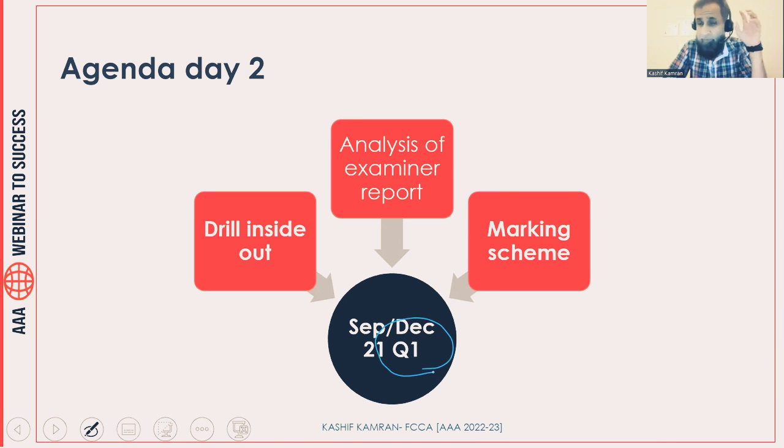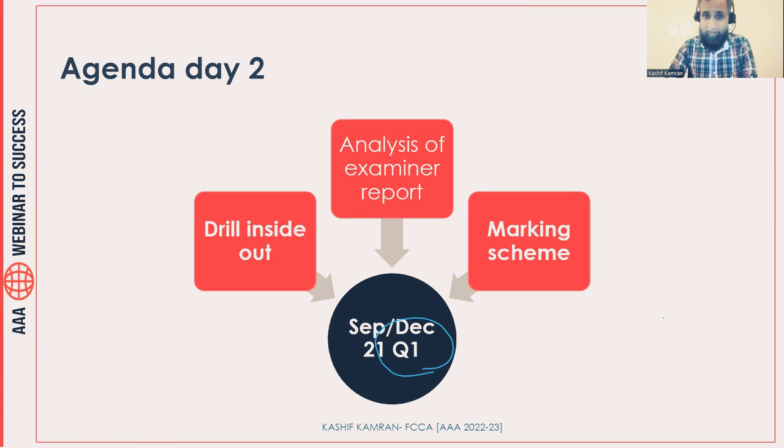We were looking at the drill on the practice platform, how to read the exhibits, how to find information from the exhibit, and where possible, we were trying to connect the examiner feedback given in the examiner report for September-December 21. We still need to look into the marking scheme, though I have given you the marking scheme for part 1A. We still need to look at the marking scheme for part 1B, which is basically the audit risk.